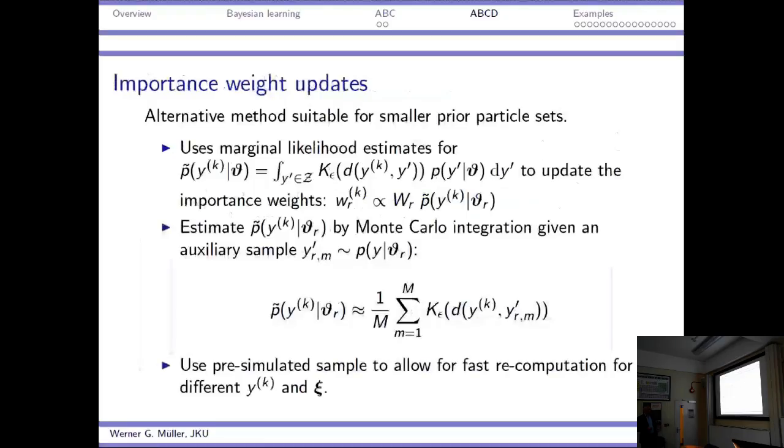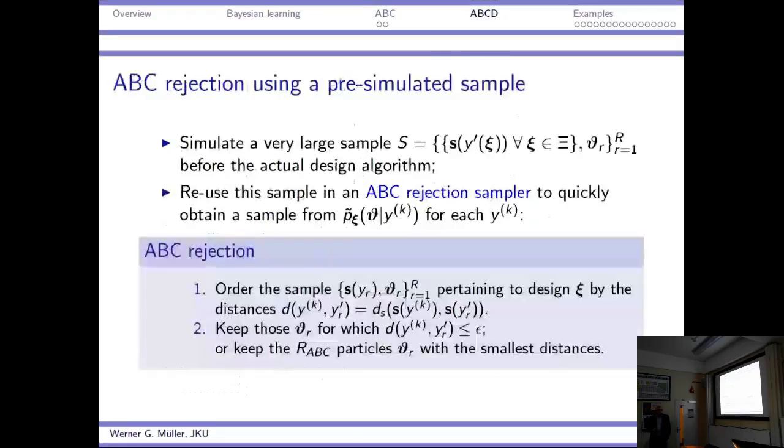Then another version, proposed by Marcus, is not using this simple rejection sampler, but using something like an importance weighted version of it, to be more likely to hit more important regions of your simulation space that you need to cover.